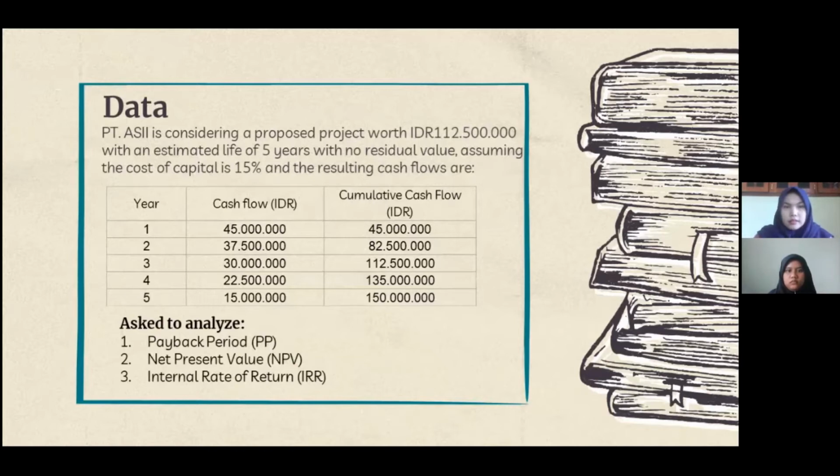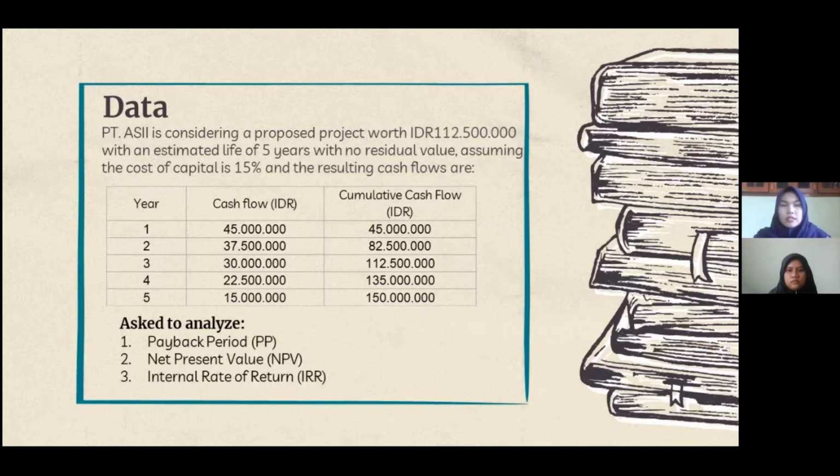PTAC is considering a proposed project worth 112,500,000 rupiah with an estimated life of 5 years with no residual value. Assuming the cost of capital is 15%, the resulting cash flows are in the table.